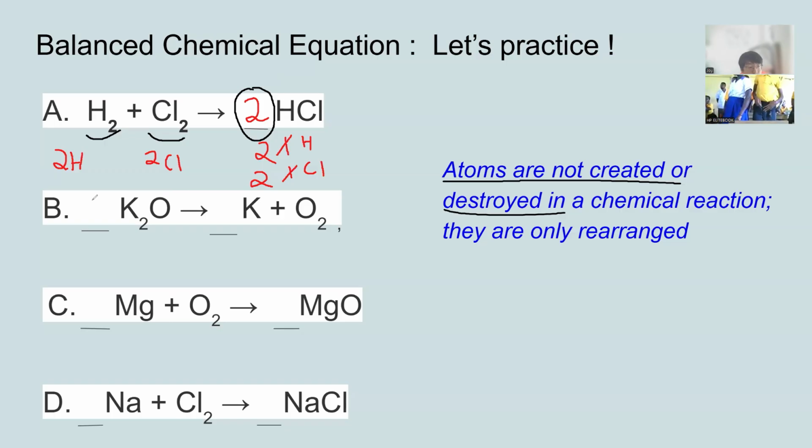Okay, so we can try to look at the next question as well, which involves K2O turning into K plus O2. So what can be added to either side to balance the equation?